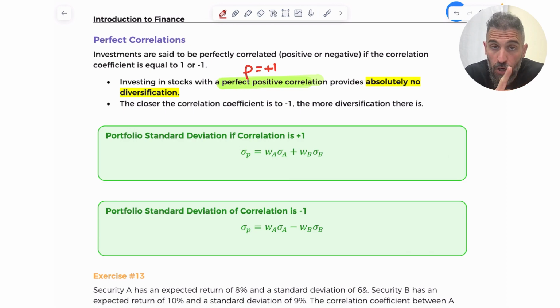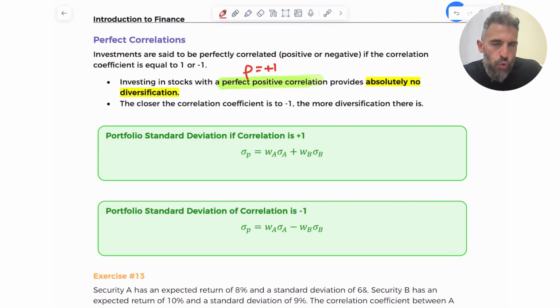Now this doesn't apply for negative. In fact, a perfect negative correlation gives you the maximum diversification. The most diversification you can get is if you pick 2 stocks that are exactly opposites of each other. And that's what a perfect negative correlation is. But what I have highlighted in yellow is very important: absolutely no diversification when you pick 2 stocks that have a perfect positive correlation.